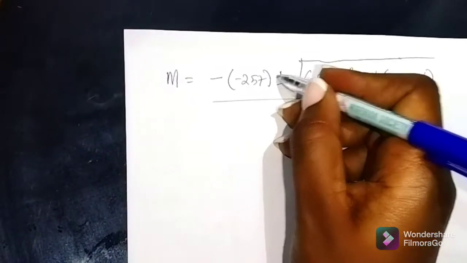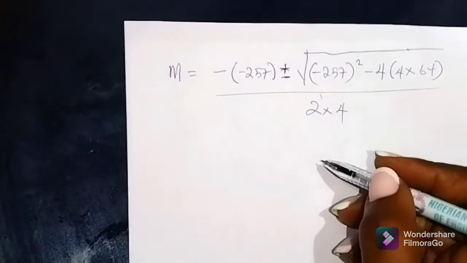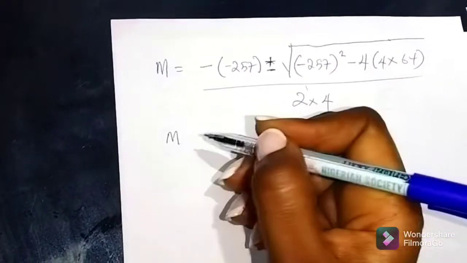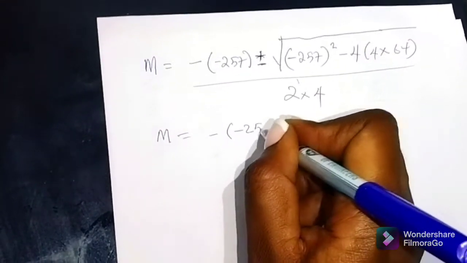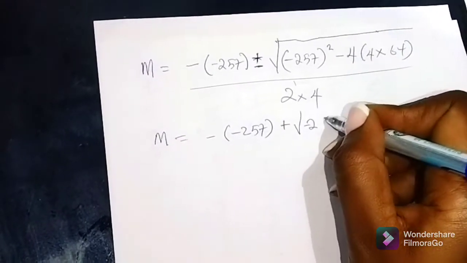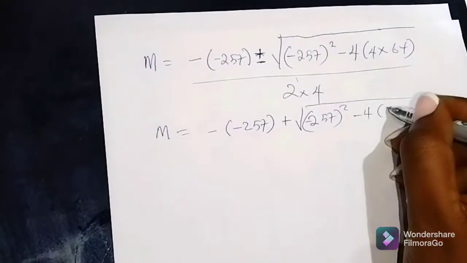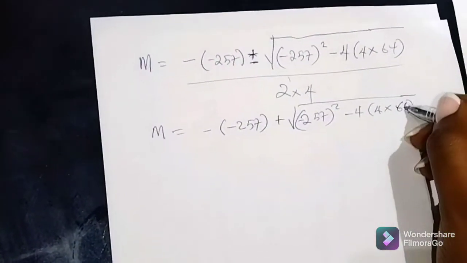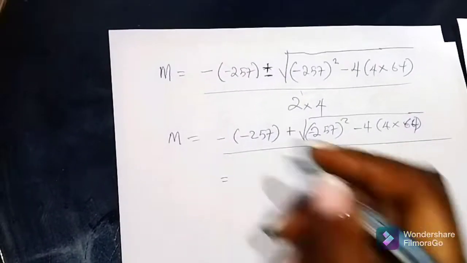Because of this plus and minus sign, m is going to have two values. The first m, for the positive, is minus 257 plus the square root of 257 squared minus 4 times 4 times 64, all over 8.